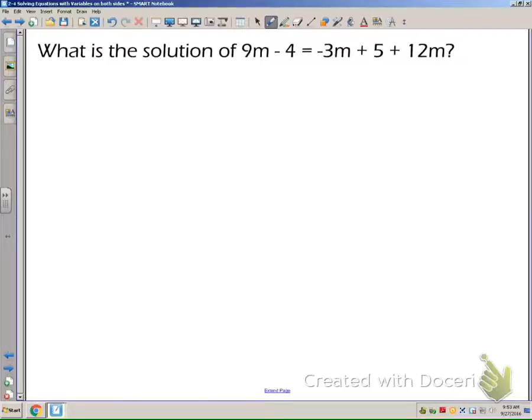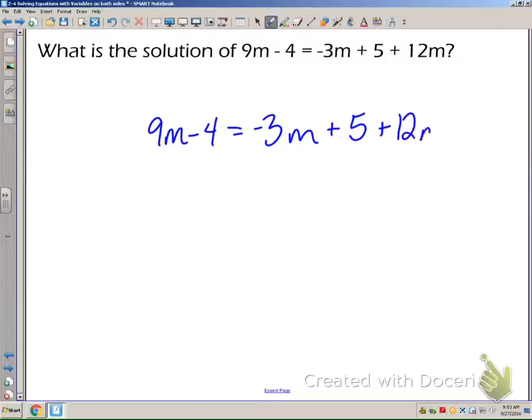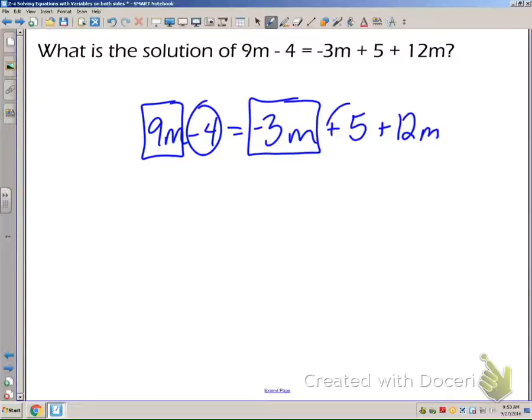What is the solution of 9m minus 4 equals negative 3m plus 5 plus 12m? Okay, we can do our circles and squares again. Notice I'm including the symbol, the plus and the minus, in my squares so I don't get confused.